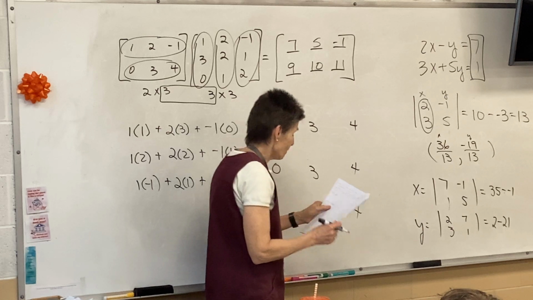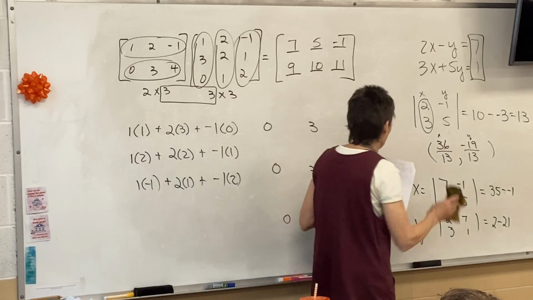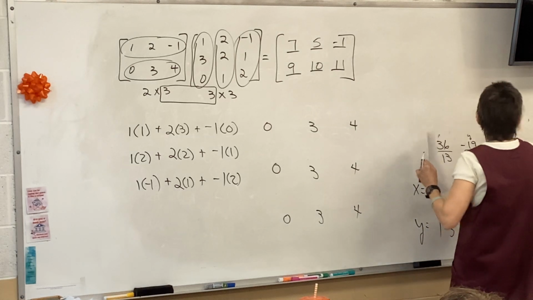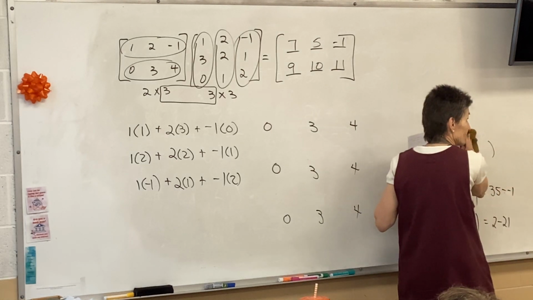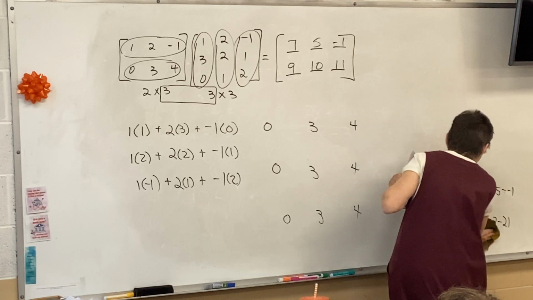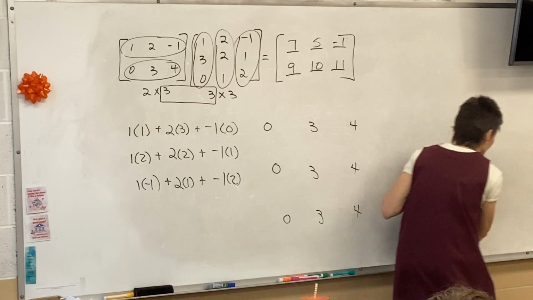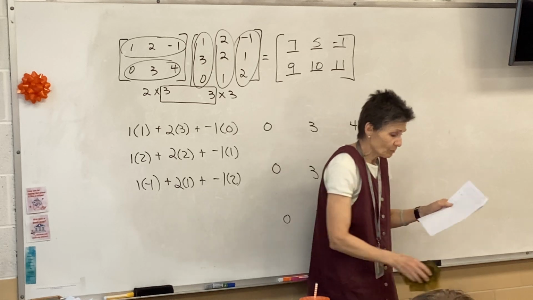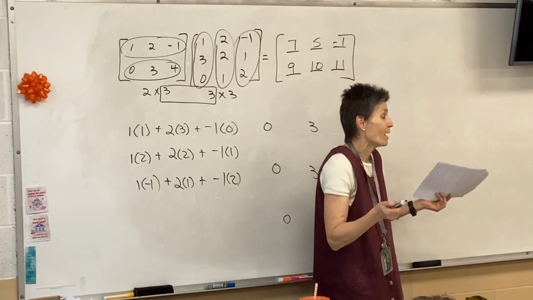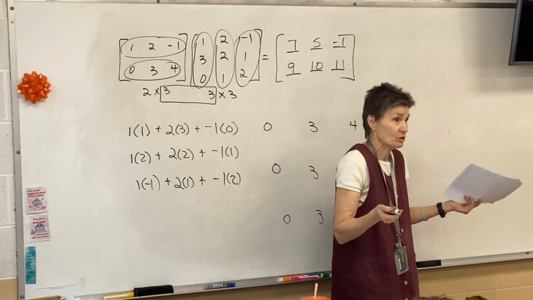All right, B, C plus 2A. I heard somebody say, why not? They're not the same size, right? So in order to add or subtract, they have to be the same dimensions. They don't need to be square, but they have to have the same dimensions.